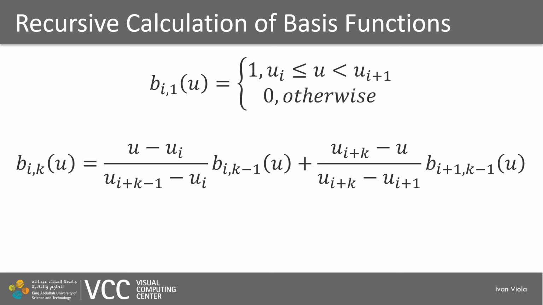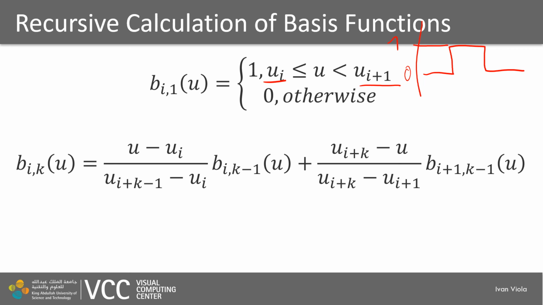In the case of the B-splines, we will have a recursive calculation of the basis functions. The initial basis function is just something like a box filter. It is equal to 1 for a certain interval ui to ui plus 1, so between two integer distance knots.